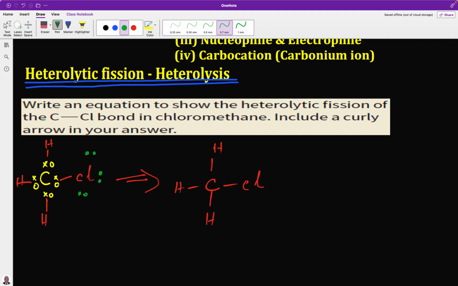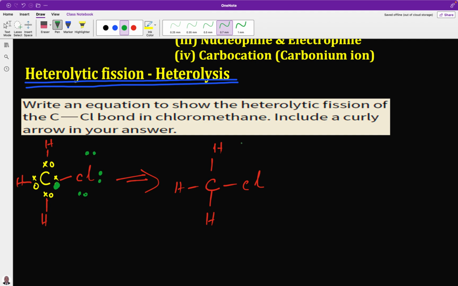Okay, this is the molecule here. In this molecule, we have a chlorine atom and a carbon atom. There is a chlorine here.